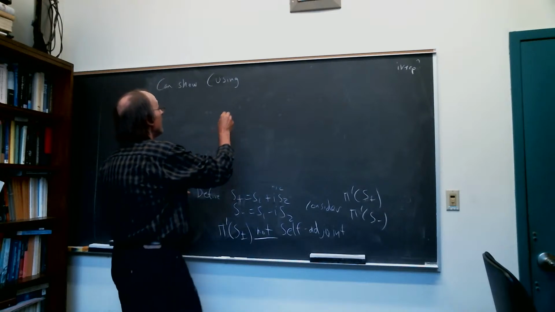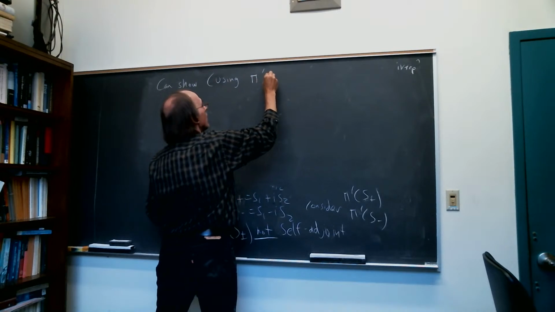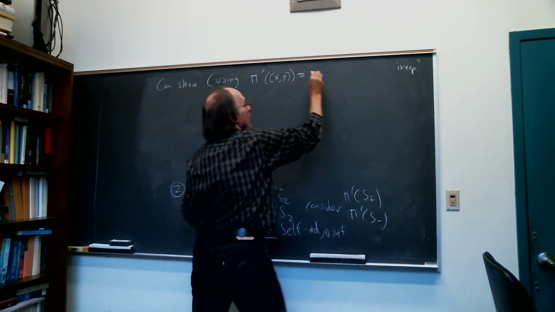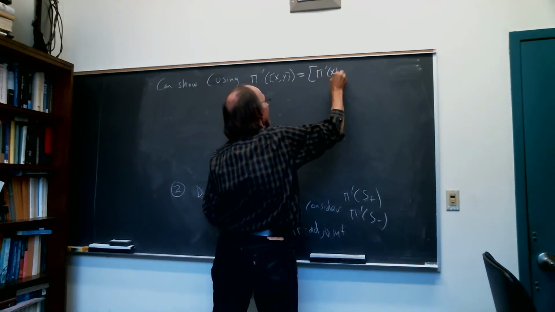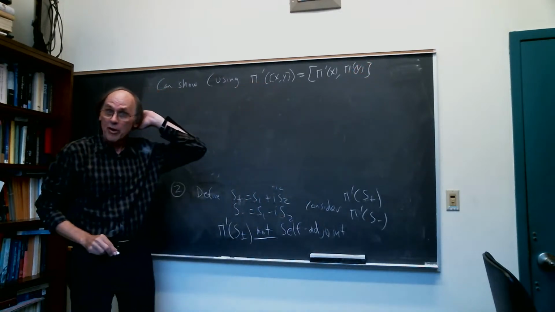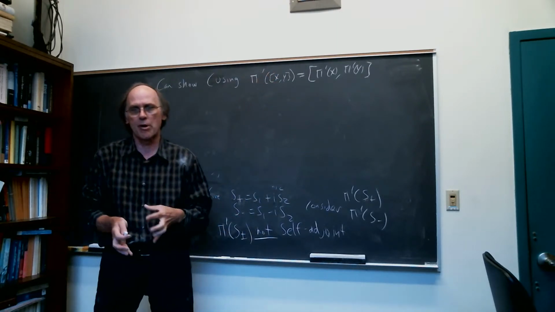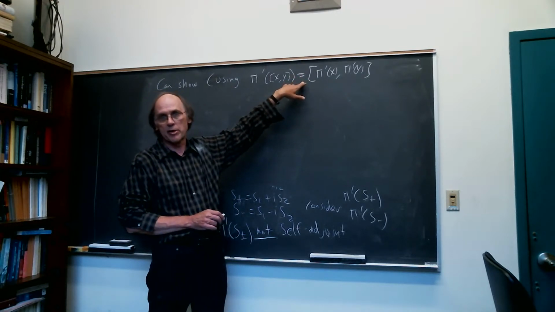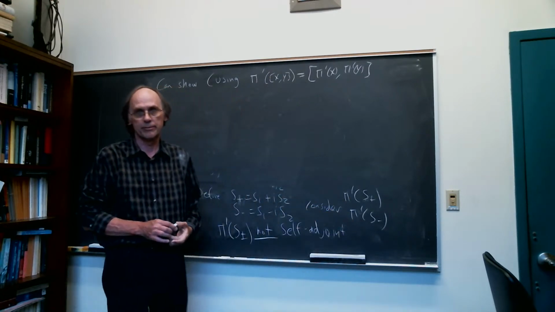So whatever this pi prime is, pi prime of the bracket of two things is going to be the bracket of the pi primes. This is the Lie algebra homomorphism property. Before you actually have your hands on the representation, the only thing you can do is keep using this property whenever you can in order to learn things about these operators.